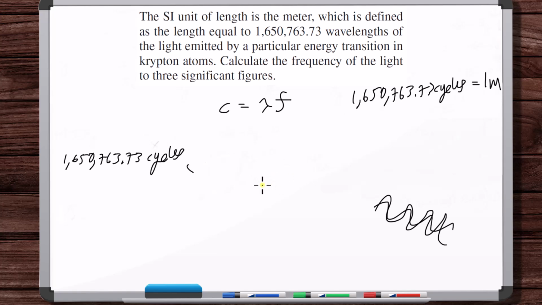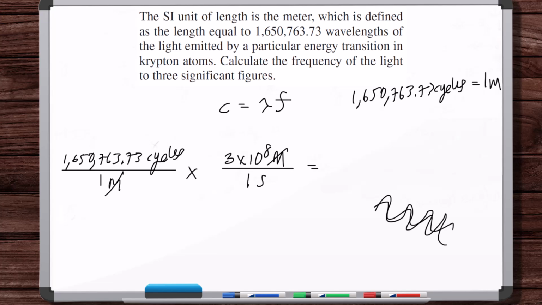Well, this is cycles per meter, per 1 meter. So now we can say what? We can say we have 3 times 10 to the 8th meters per 1 second, because we know that's the speed of light. We know this is light for sure. It's light. So what are we left with? Cycles per second. That's frequency.